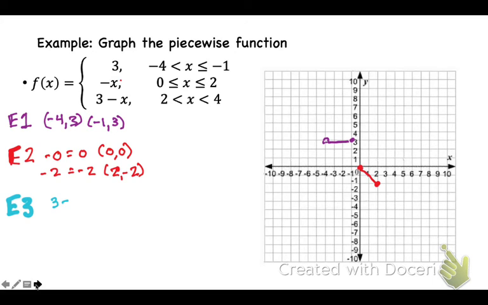Why, Carly? Because you plug the left end point, right? So 3 minus 2 is 1. So 2, 1. And then I plug in the what end point? The right end point. So 3 minus 4 is what? Negative 1. So I'm going to have 4, comma, negative 1.